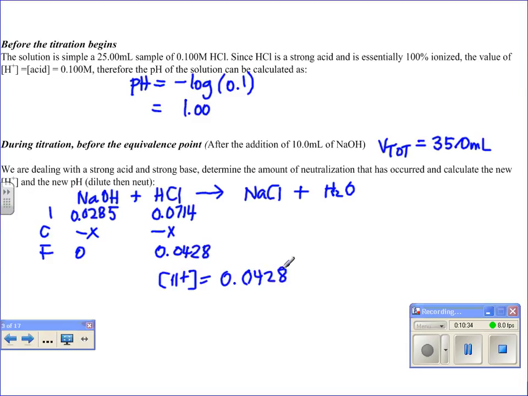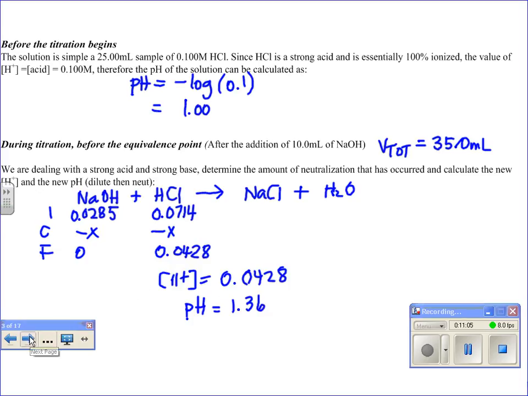And as expected, it's decreased. Originally it was 0.1, so it's decreased a little bit. So the pH here is 1.36. So far the pH has risen from 1 to 1.36, and it's not too large of an increase. In the beginning part of a titration, the pH changes gradually.